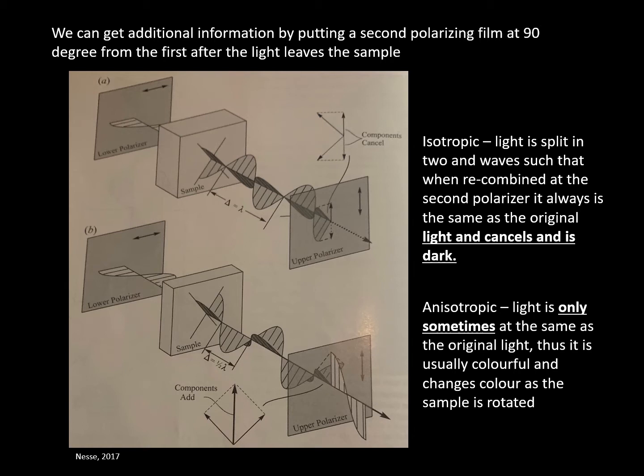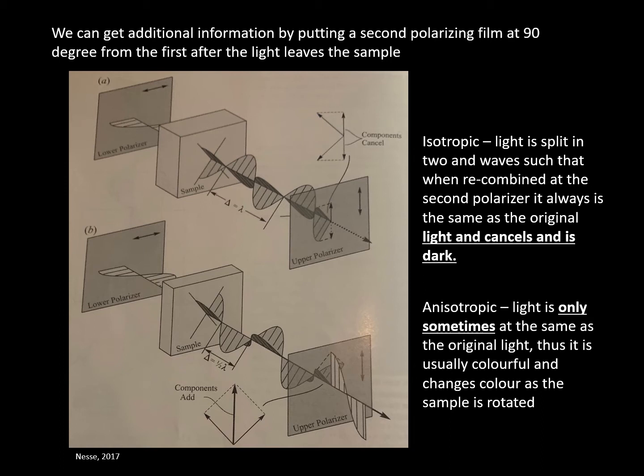Now the other information we can get is if we put a second polarizing film at 90 degrees. We have our first one, that is our plane polarized light, which is done before it gets to the sample. And if we put another one at 90 degrees after the light leaves the sample, that can give us more information.